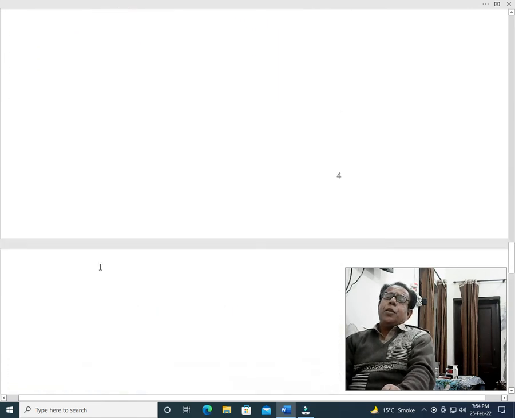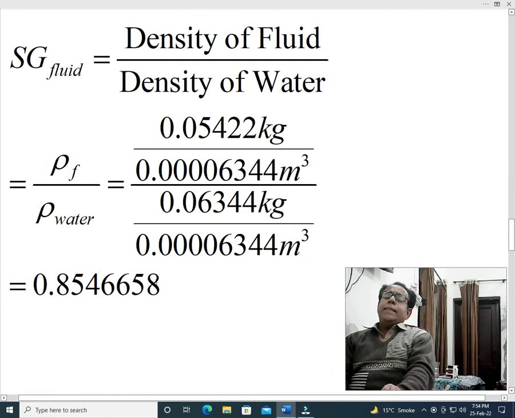So, this is the solution of our problem. We have found the solution: specific gravity of fluid has become equal to 0.8546658.